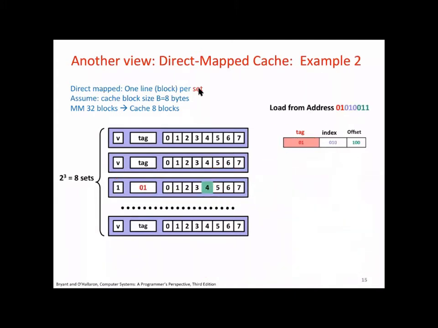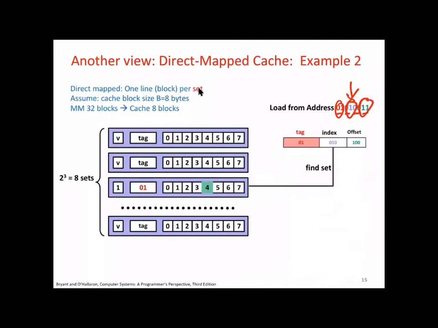Now with this example, this address comes from the CPU: 01010011. When it comes, the cache controller knows what the different bits refer to. It knows that the first 2 bits are tag, the next 3 bits are index, and the remaining 3 bits are offset.